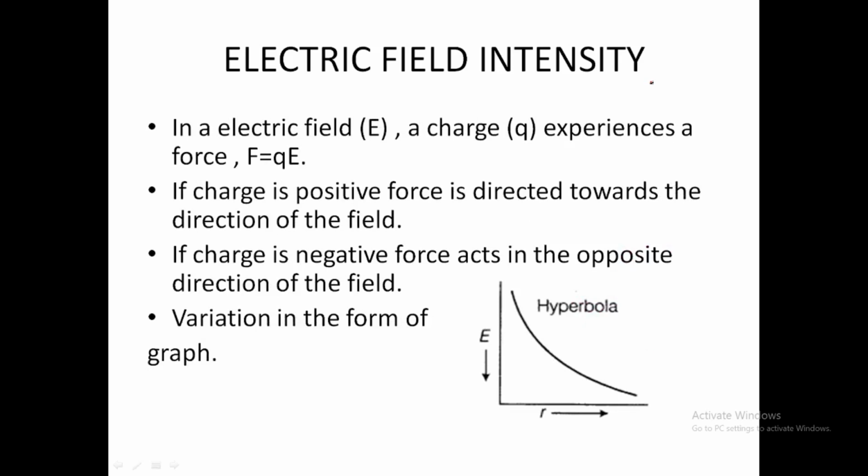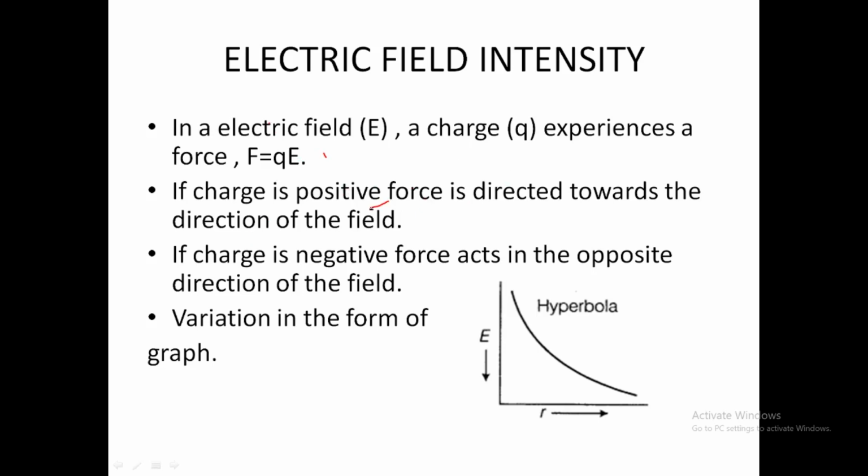Next one, in a simple sense you can write F is equal to QE. So electric force in terms of electric field intensity can be written as F is equal to QE. If the charge is positive, the force is directed towards the direction of the field.